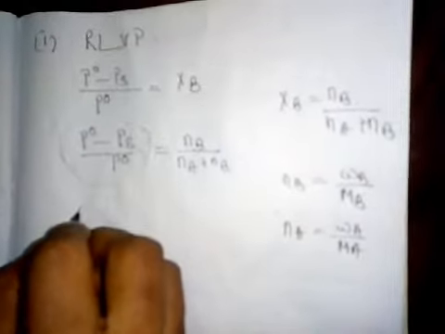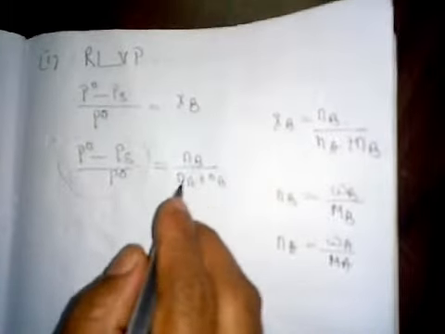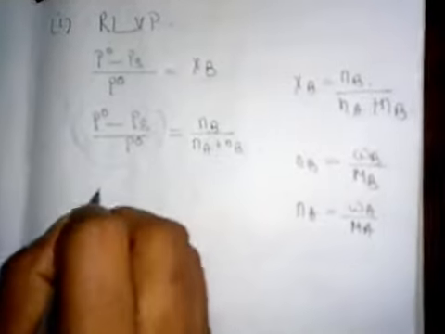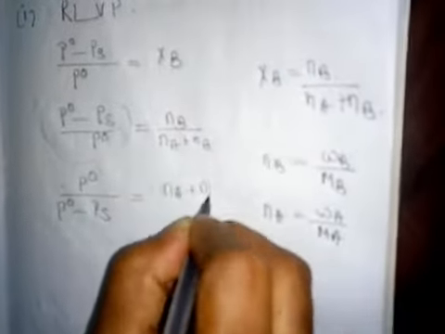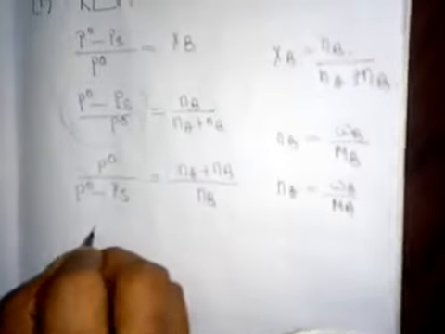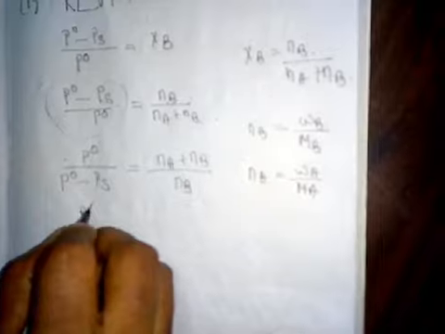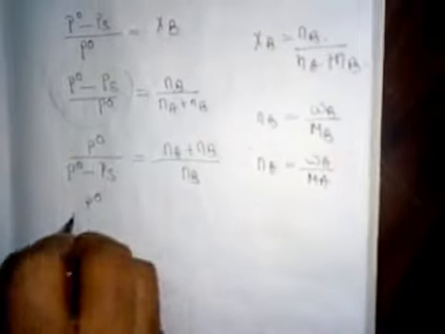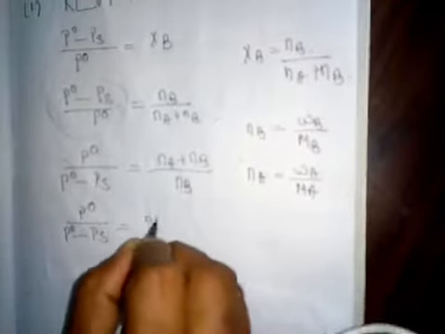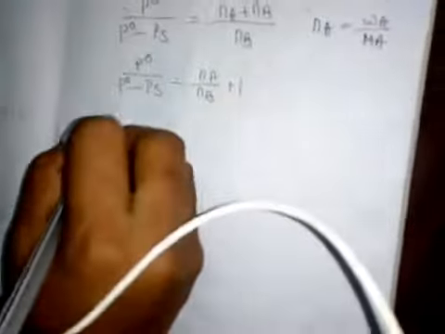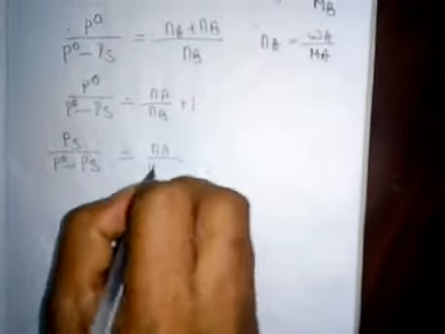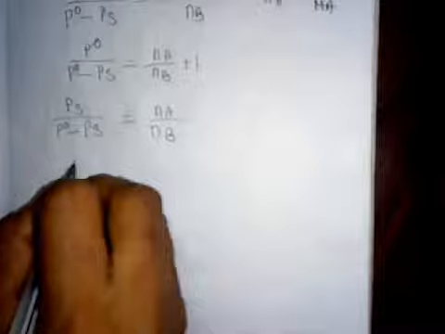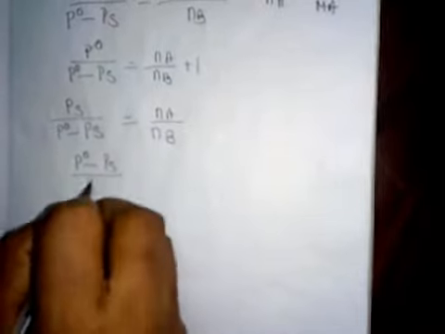Now substituting in place of Nb, Na whenever required, we get, rearranging, P naught by P naught minus Ps is equal to Na plus Nb by Nb, or we can write it as P naught by P naught minus Ps is equal to Na by Nb plus 1, or we can also write Ps by P naught minus Ps is equal to Na by Nb.